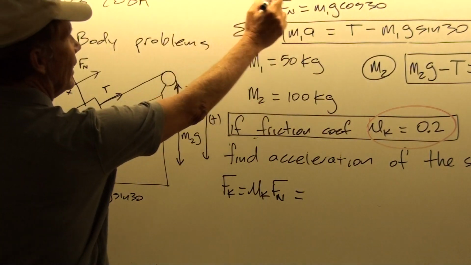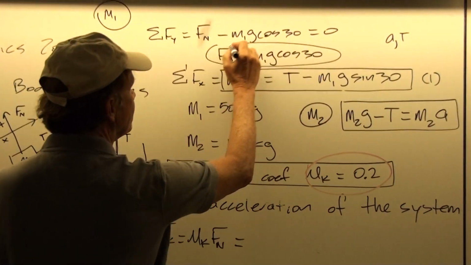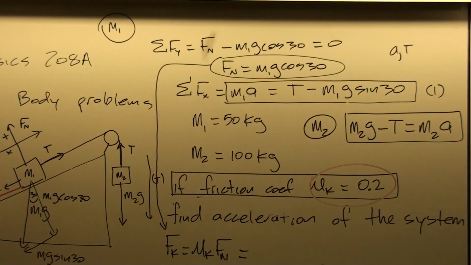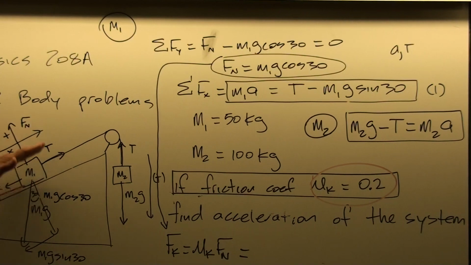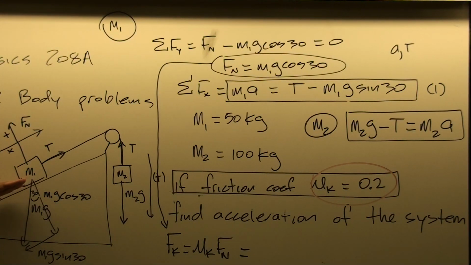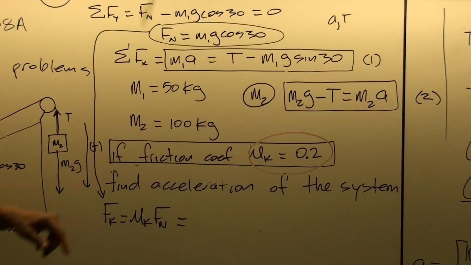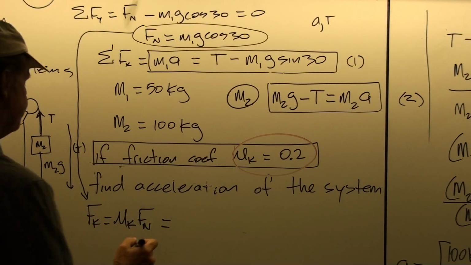Now here's where our hard work before comes in handy, because the vertical equations aren't affected by adding in an extra friction force here. So that means that the normal force still has the same solution as it did in our previous problem.